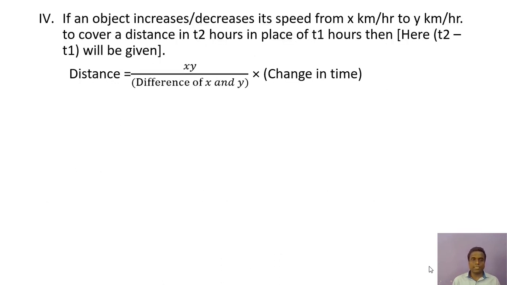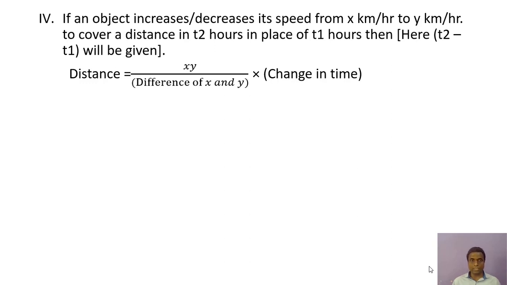Okay students, now we'll see the next strategy. If an object increases or decreases its speed from x kilometer per hour to y kilometer per hour to cover a distance in t2 hours in place of t1 hours. Now see here, you take one relation: t1 hours corresponds to speed x kilometer per hour and t2 hours corresponds to speed y kilometer per hour.